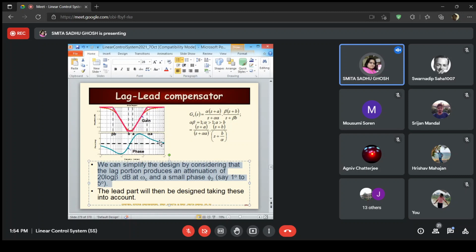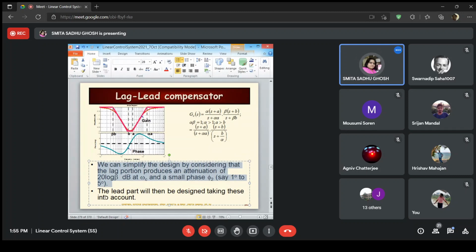In this higher frequency range, the lead portion is dominant. So there is a large lead which we will get from the lead portion, plus a small amount of phase lag from the lag portion. The lag portion will give us only a small amount of phase lag, say 1 degree to 5 degrees.